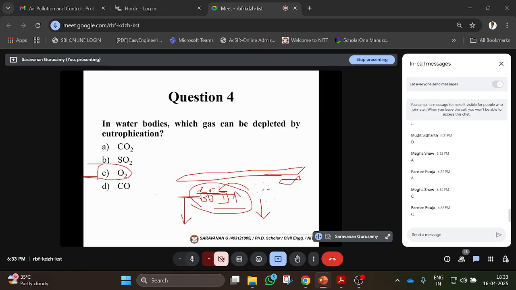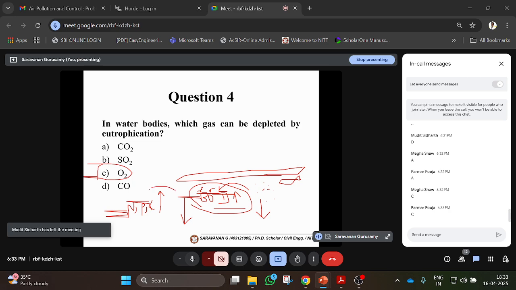So whenever you are washing your clothes near any lake or pond, that will add to the BOD of your water. BOD is biochemical oxygen demand, which is directly proportional to organic matter, because the soap you are using has nitrogen and phosphorus, which will increase in your water body. Whenever nitrogen, phosphorus or potassium increases, it adds to the organic load in your water body.